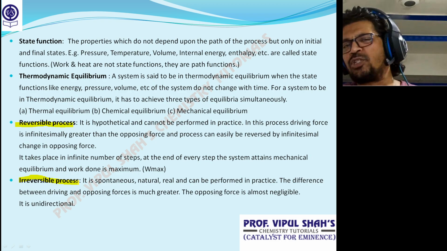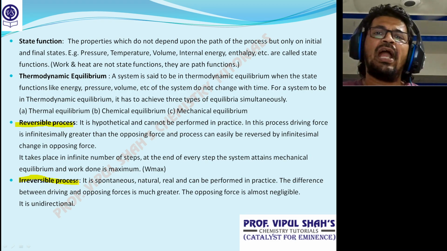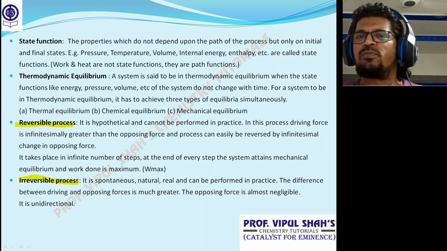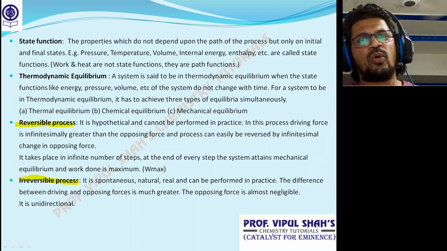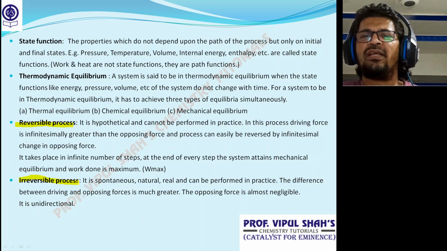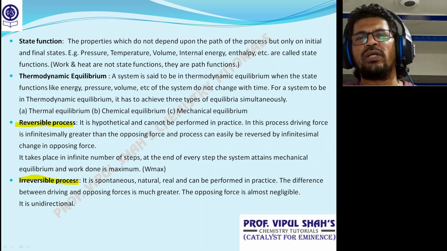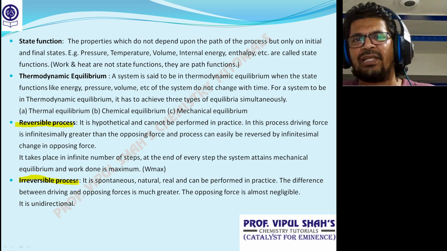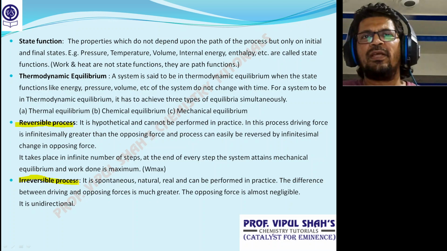The process should be isothermal, temperature constant, and it should be reversible. So the reversible definition: there is a very small, infinitesimally small difference between the driving force and the opposing force, such that the process can be reversed by increasing the opposing force by a very, very small magnitude. All right. So that's one.